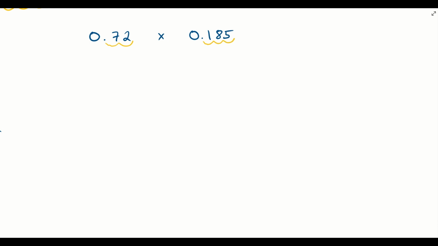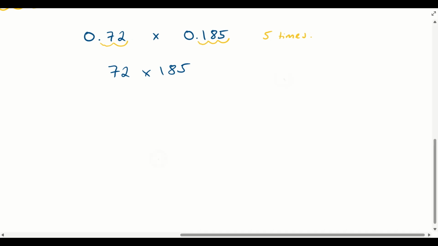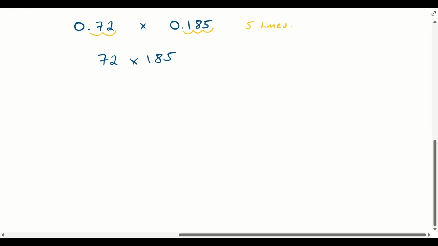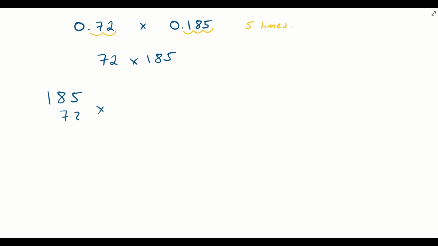So total number of times we've moved decimal places is 5 times. We'll come back to that right at the end. So what are we doing now? 72 times 185. Again, we've been practicing these. So let's go 185 times by 72.